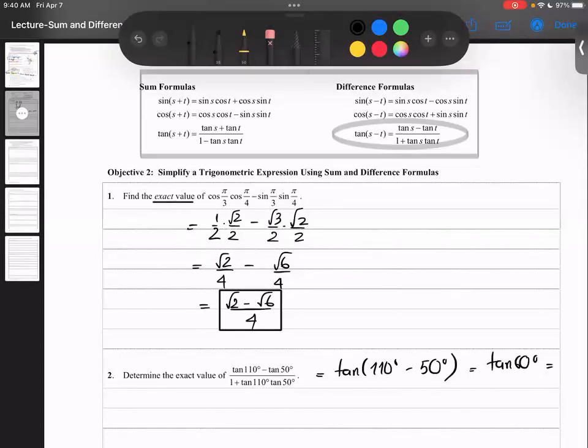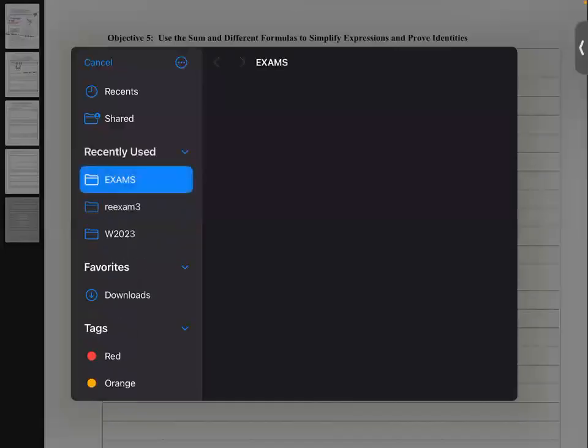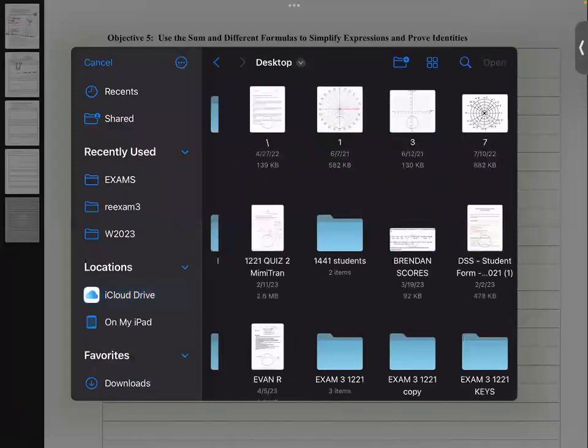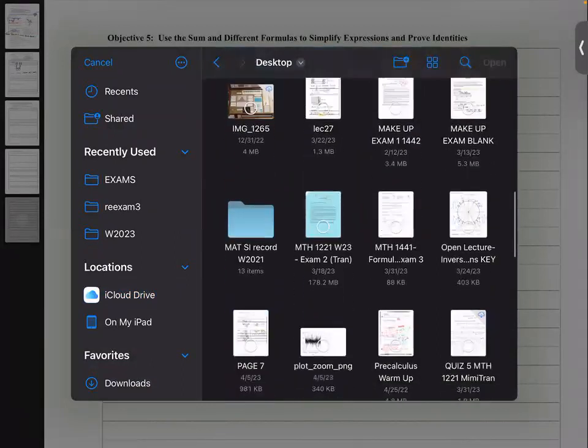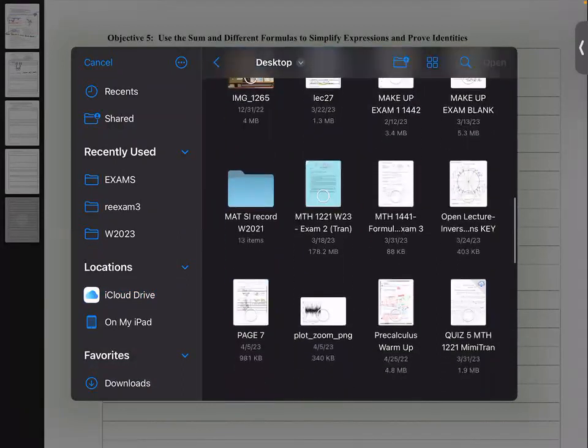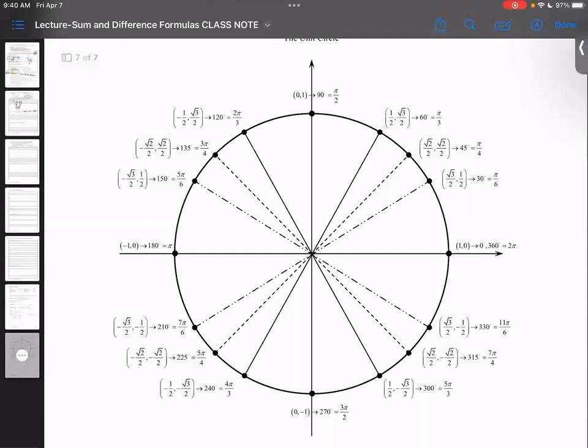Maybe I can help you out. Let me insert something here. I know I have a formula here. 60 degrees, right here.